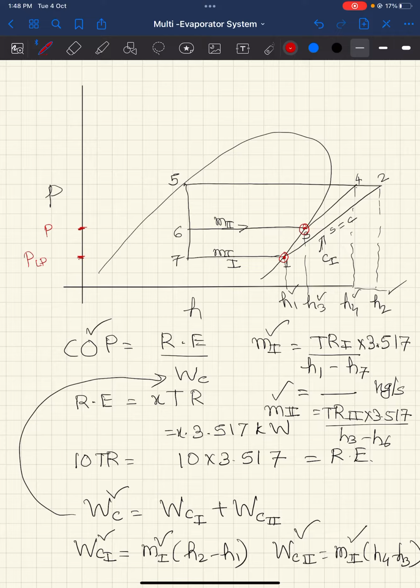And this is the condenser pressure. So this is the evaporator 1 pressure line, the evaporator 2 pressure line, and this is the condenser pressure line, right?